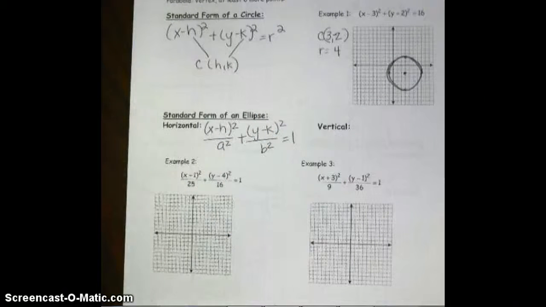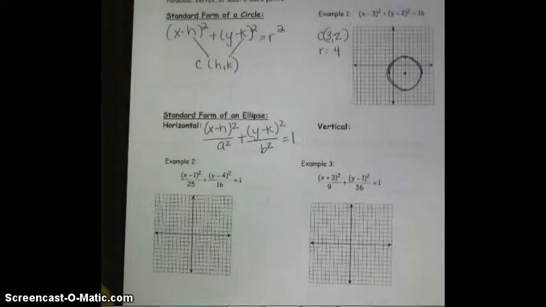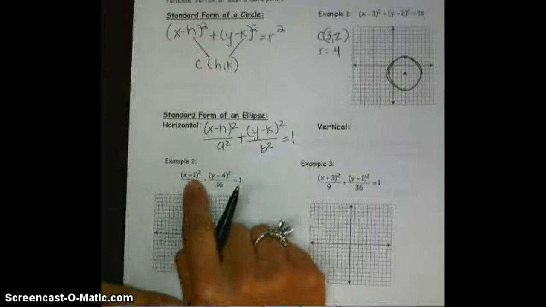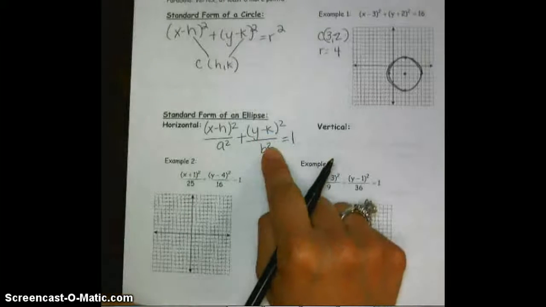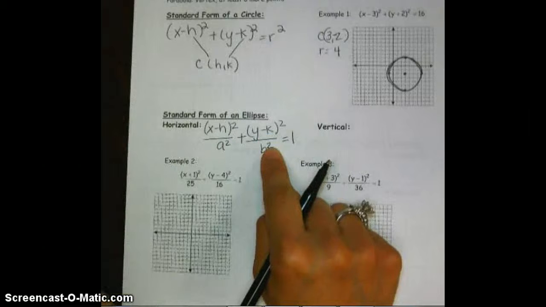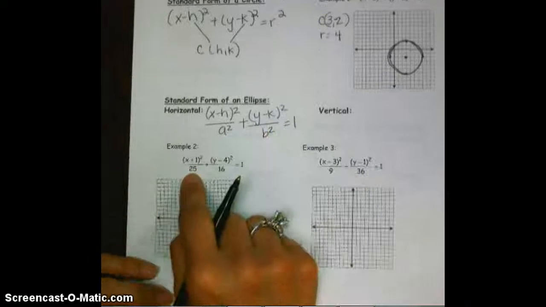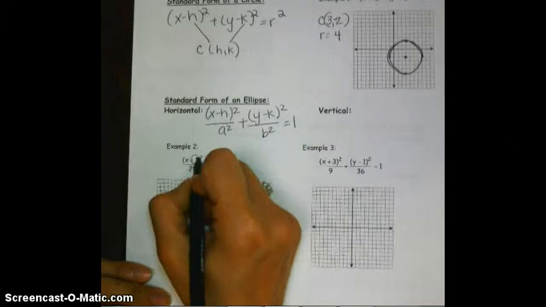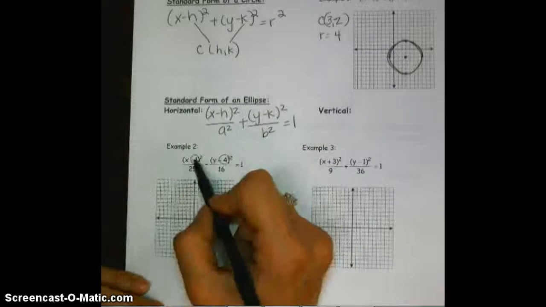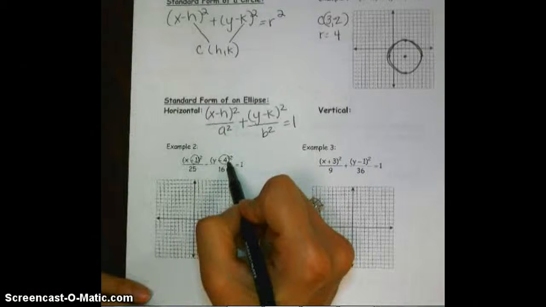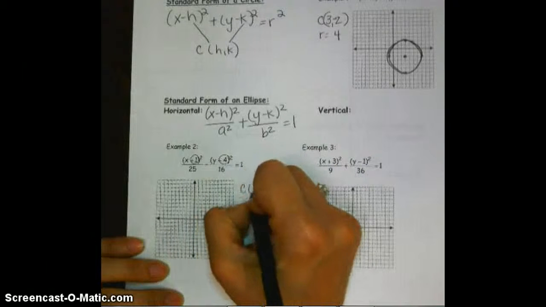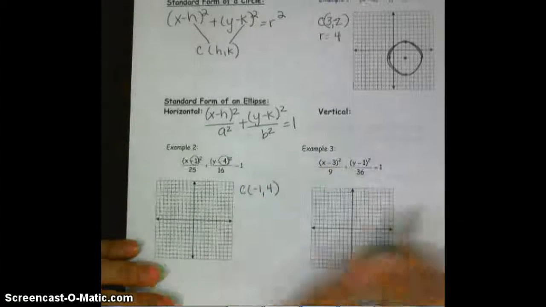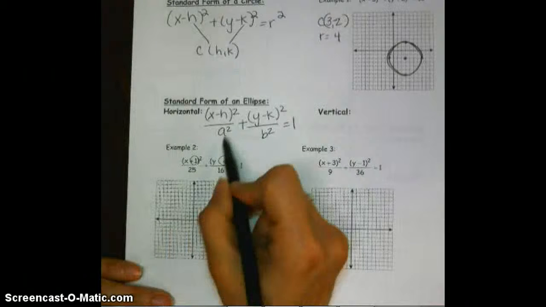So this is the standard equation. All right, so in our next example, we notice that this is in the same format for standard form of an equation for an ellipse. And we're still going to have a center for our ellipse, and we are going to get those values from inside the parentheses. So my center is going to be -1, 4. The values on bottom are squared numbers.